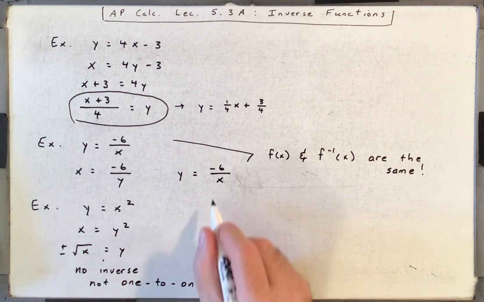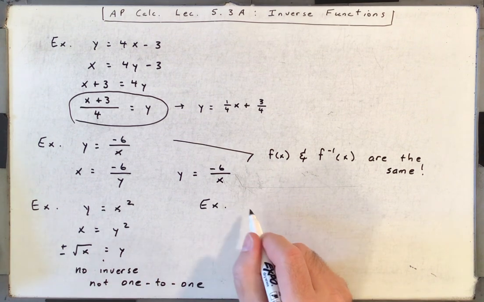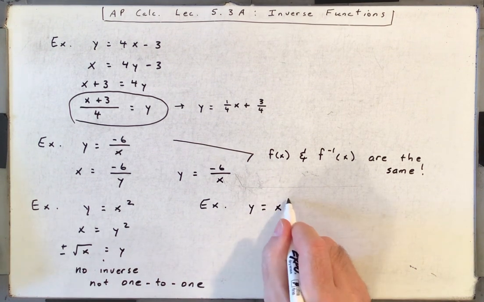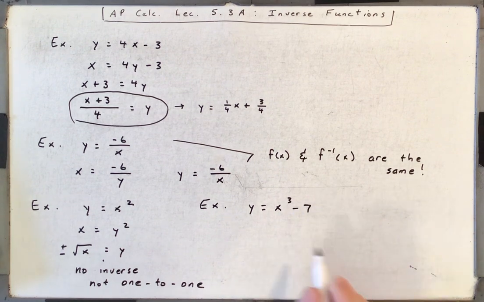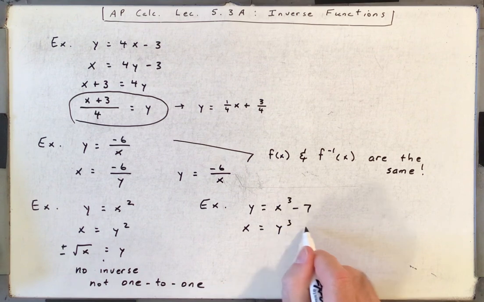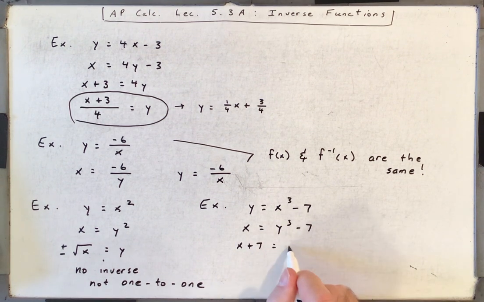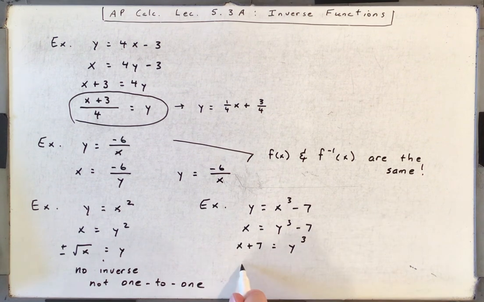Okay, so last example, let's say we have y is equal to x cubed minus 7. So we're going to swap. x is equal to y cubed minus 7. Add 7 to both sides. Remember, we're solving for y. So the cube root of x plus 7 is equal to y.